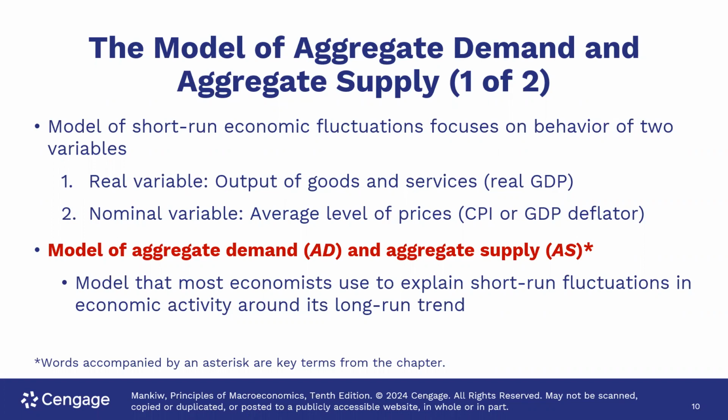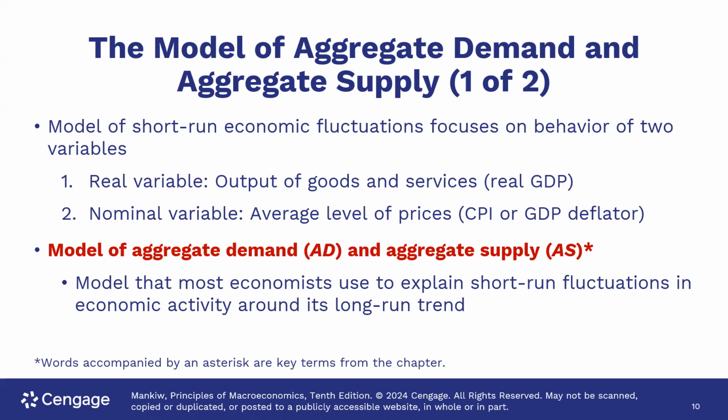Sometimes when you read the economic news or read the textbook, you can see the AD-AS model. So you may wonder, what is that? That is exactly the aggregate demand and aggregate supply, right? It is a model of short-run economic fluctuations, and it focuses on the behavior of two variables, right?